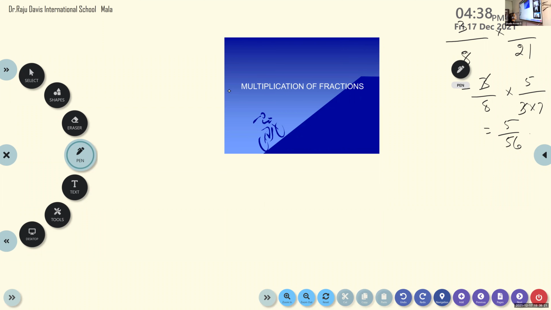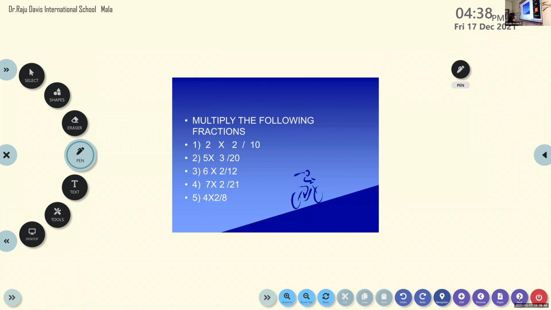Multiplication of fractions. Heading you write. Devarsh, are you following now? Yes, ma'am. Shall we go to the next slide? Multiply the following fractions.